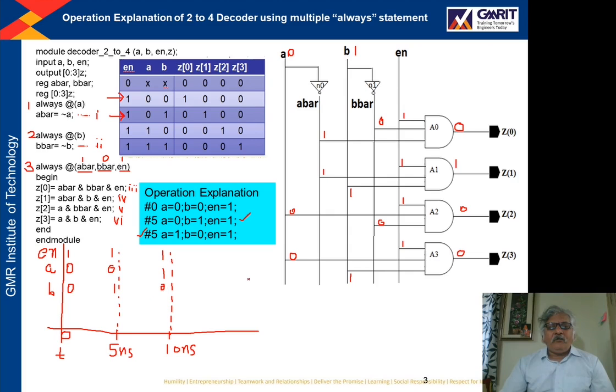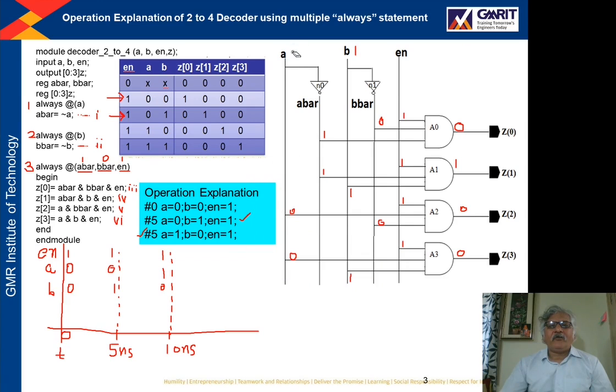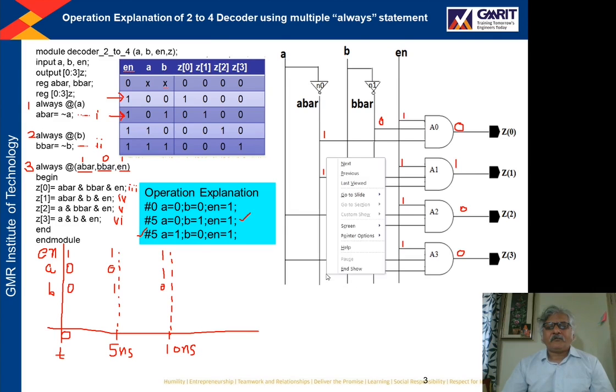So now due to this, what will happen? I will make the change here, a and b, this and this. So a is 1, b is 0.